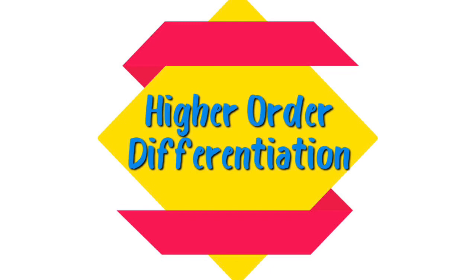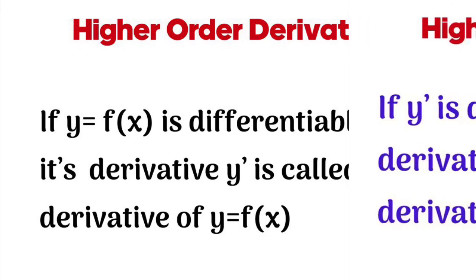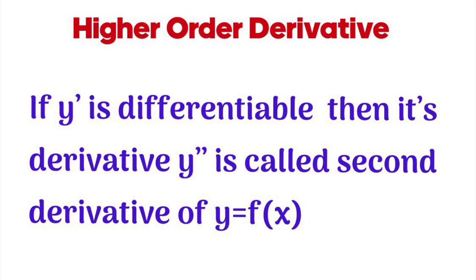So if y is equal to f of x is differentiable, then its derivative y dash is called first derivative of y equals to f of x. And if y dash is differentiable, then its derivative y double dash is called second derivative of y equals to f of x.